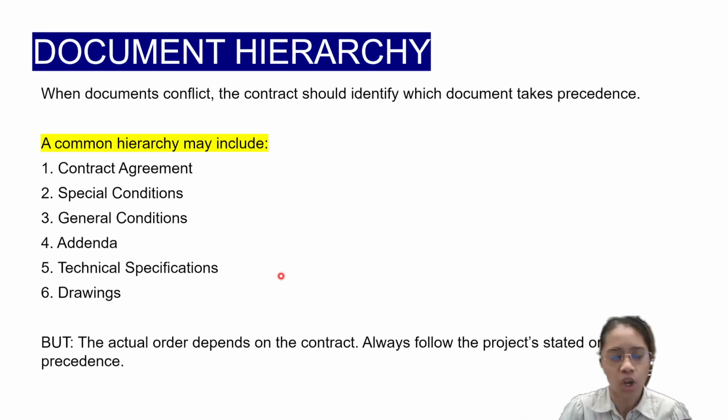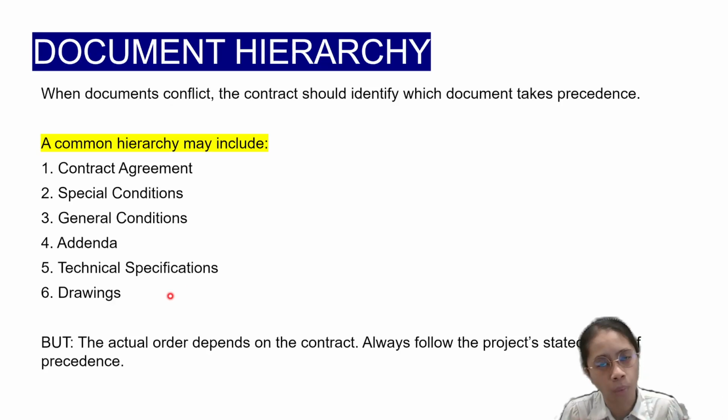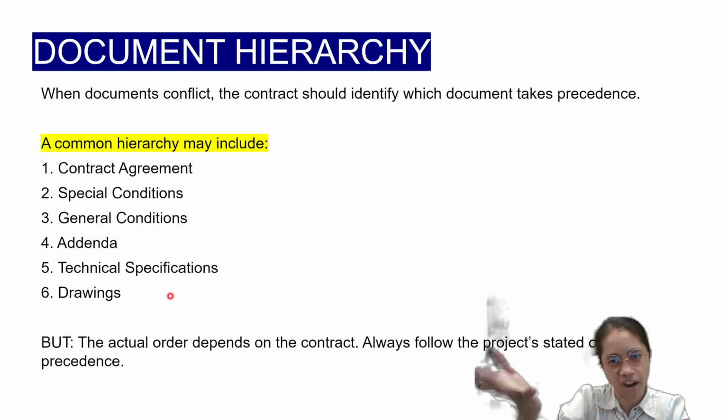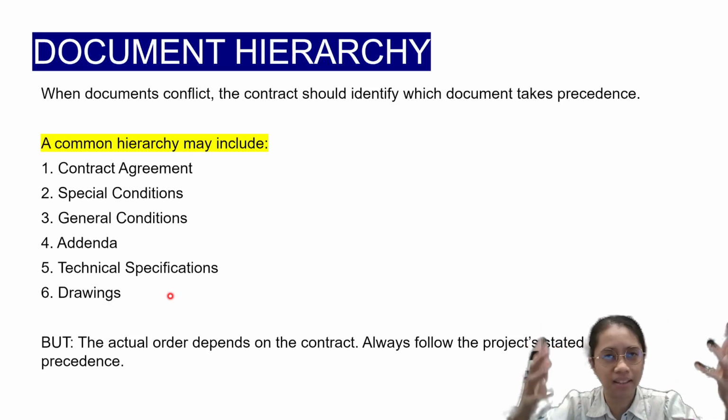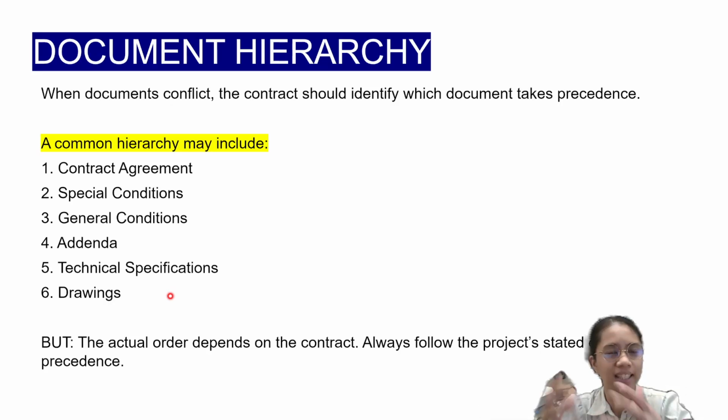Let's discuss why technical specifications, drawings, and BOQs are at the lower part of the document hierarchy in terms of contract conflict resolution. Because technical specifications are dependent on, or an output of, the contract, because that is the scope of works. The contract agreement includes the scope of works, and technical specifications are an output of that.